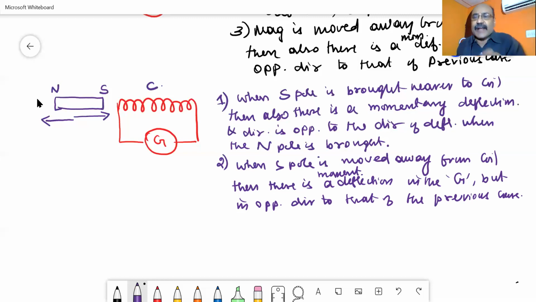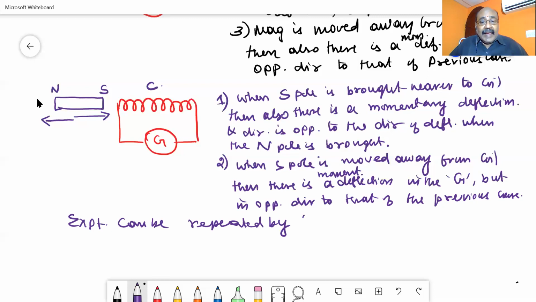So from these two experiments, it was very clear that whenever there is a movement of the magnet towards or away from the coil, there is a momentary deflection. Then he repeated the experiment by keeping the magnet stationary and moving the coil towards and away. How can it be repeated?